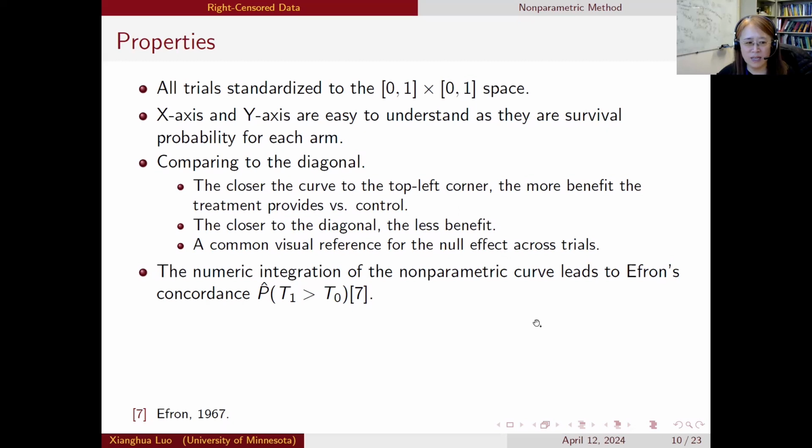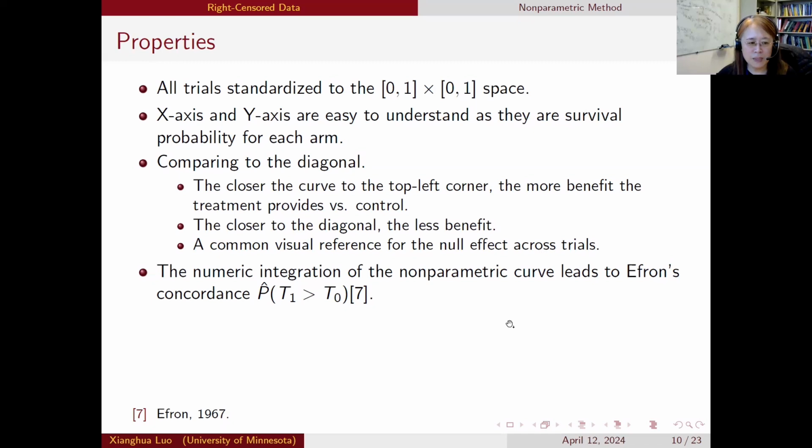And the other extreme would be that the treatment is even worse than the control, if the curve is found in the bottom half of the space. Also, we can provide a common visual reference for the non-effect across all trials.